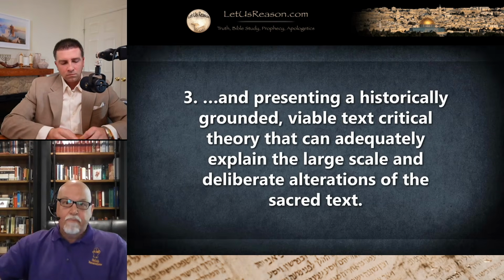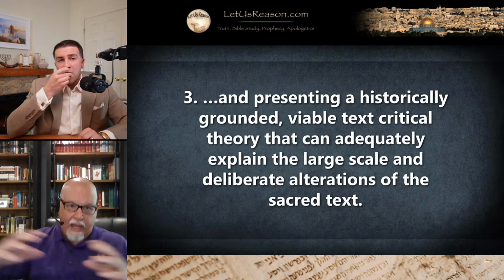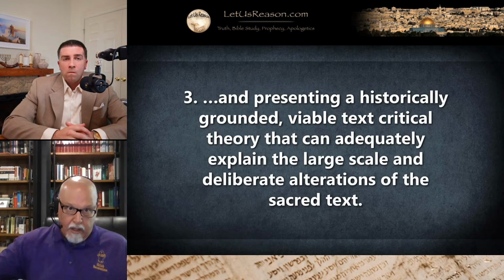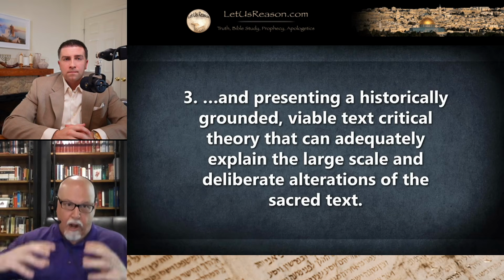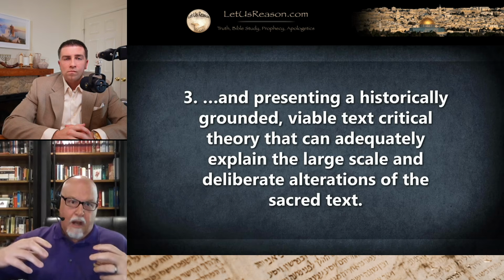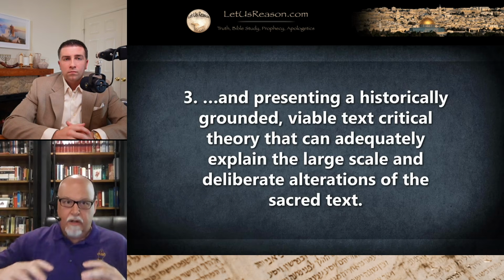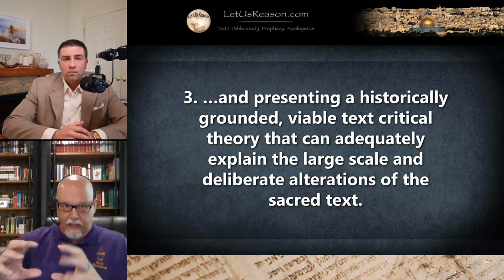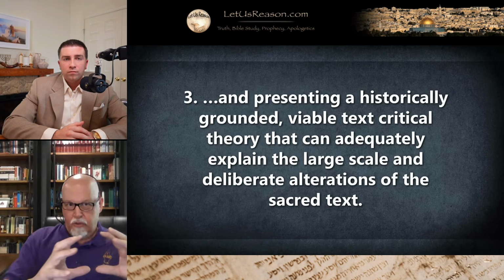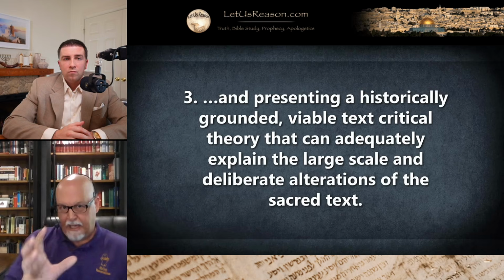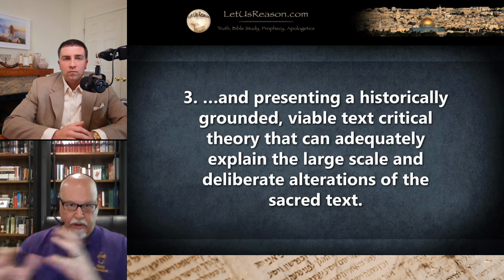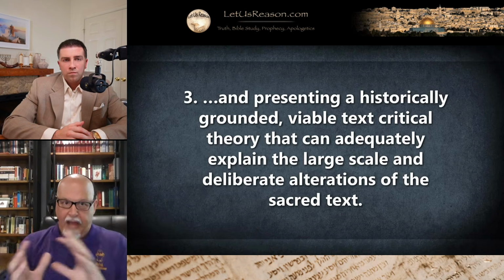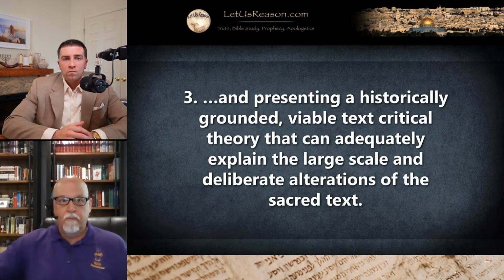And then we want to be able to explain the data. Any theory or hypothesis that you put forth has to have explanatory power. I've read a lot of literature, and you read an idea about why the numbers were changed, and it looks like a good idea, and then you run into a problem explaining a whole bunch of other data, and the theory can't explain it. So that's part of this too, being able to explain the data. And there's lots of it.